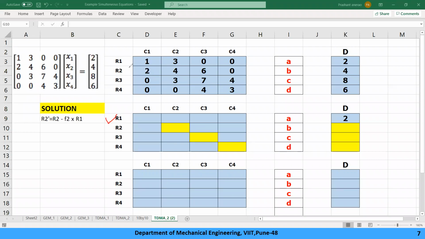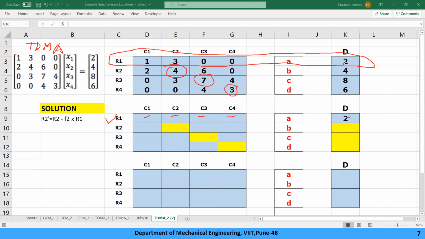Okay, we know that on row number 1 we don't do anything in TDMA. So remember this is the TDMA approach. In TDMA we don't work on row number 1. So as it is, we write it here. Next, we know that in the TDMA approach we deal with only the main diagonal elements and the corresponding terms from the constant vector.